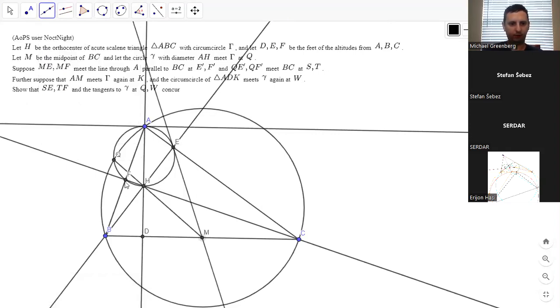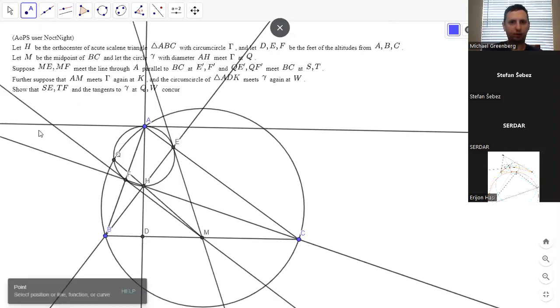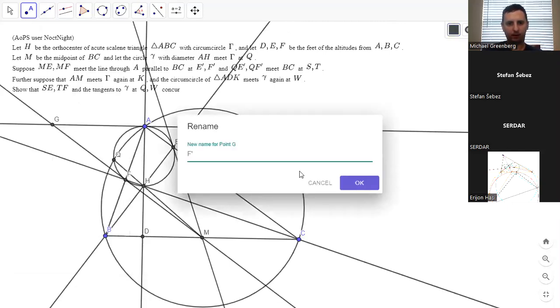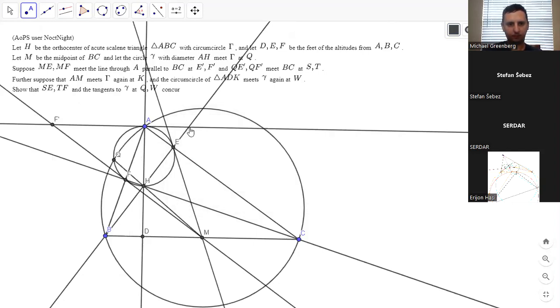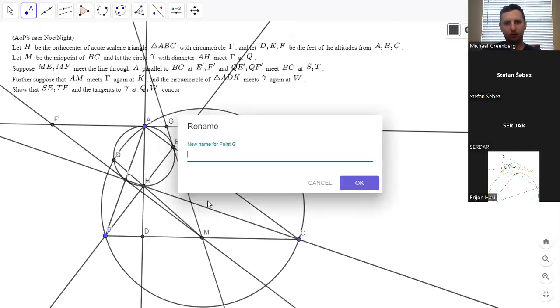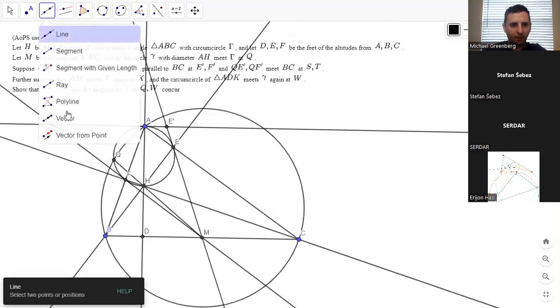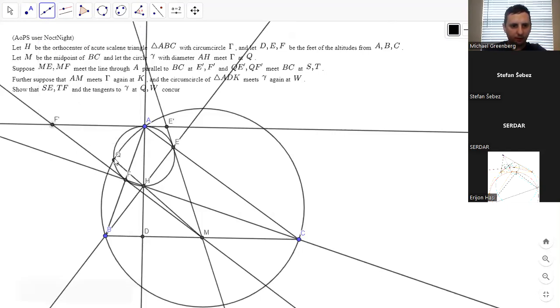It's an easy angle chase. And it meets at E prime and F prime. So this is going to be F prime, and this is going to be E prime. And QE prime and QF prime meet BC at S and T.